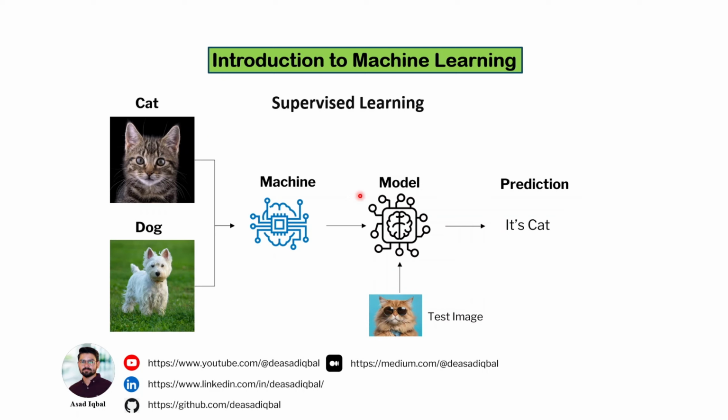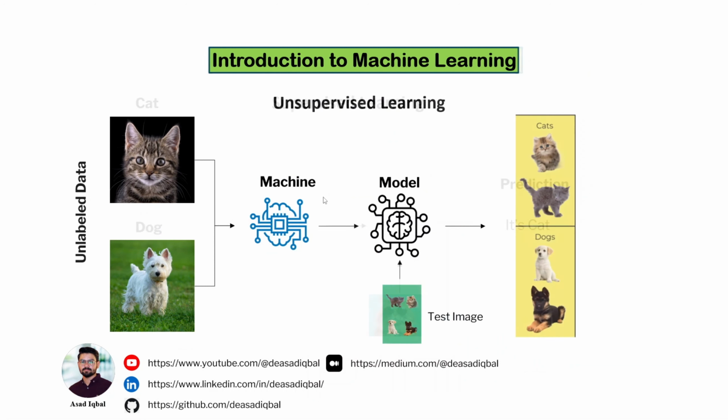So now let's discuss the other type of machine learning, which is unsupervised learning. Unsupervised learning is different from the supervised learning technique because, as its name suggests, there is no need for supervision. It means we train the machine using unlabeled data, and the machine predicts the output without any kind of supervision.